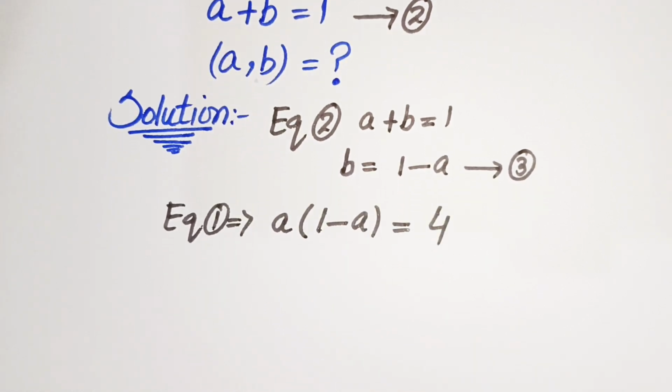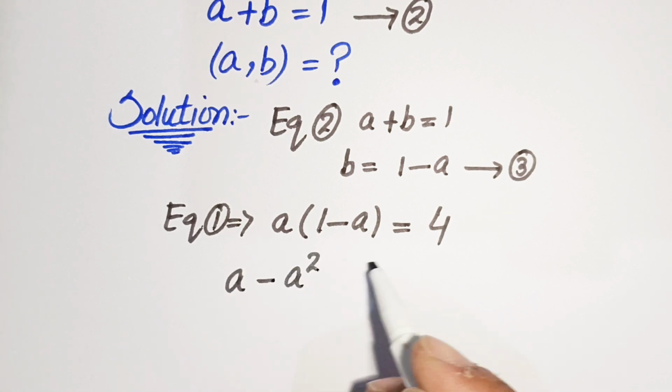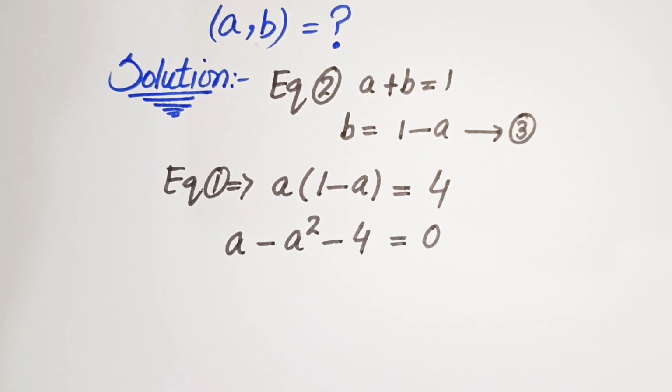Now if we multiply this a into the parentheses, we will get a minus a times a is a squared, and shifting this one we will get minus 4, which is equal to 0. So now we see that it is a nice quadratic equation, but we have to arrange this first.